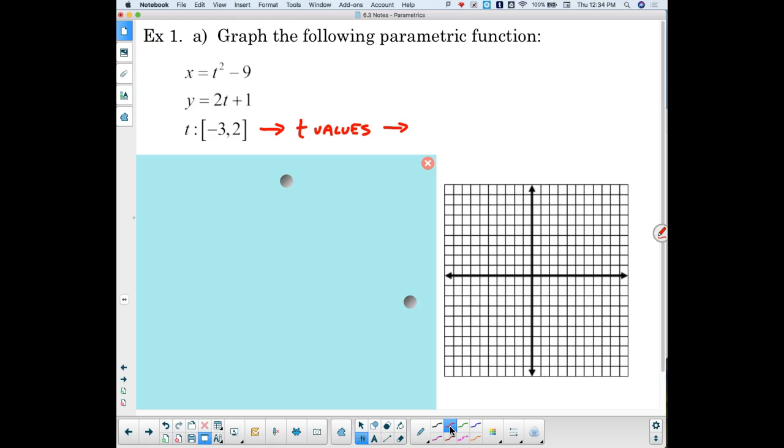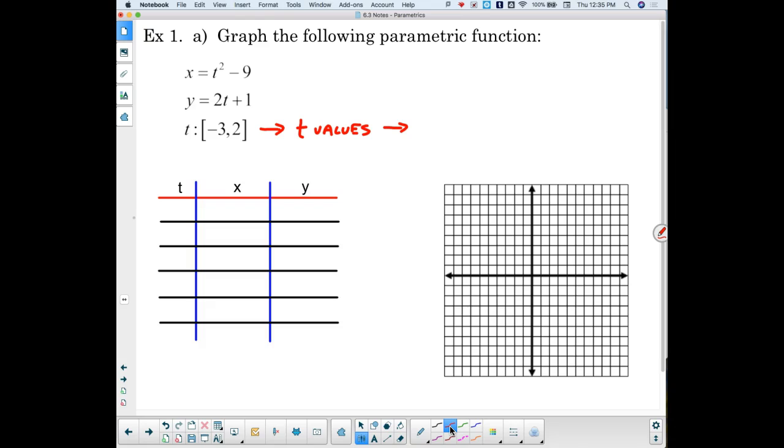So we're only going to put values of t in between -3 and +2. We're not going to go any further on either side. So what that means is I am going to start by plugging in -3 for t. I'm going to stop by plugging in 2 for t.